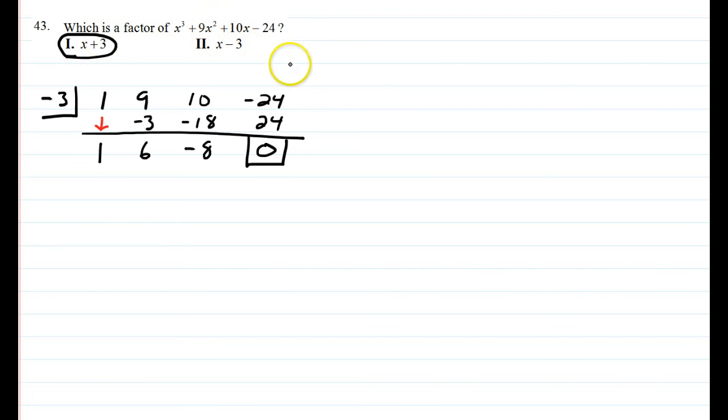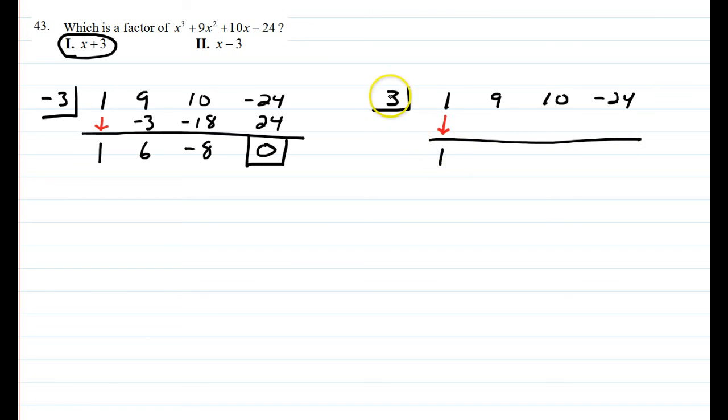But it can also be this. And this is not necessarily a multiple choice question the way this is written. So now let's take this and plug a 3 here, and then the same coefficients. Bring the 1 down. So 1 times 3 gives us 3. 3 plus 9 is 12. 12 times 3 is 36. 10 plus 36 is 46.